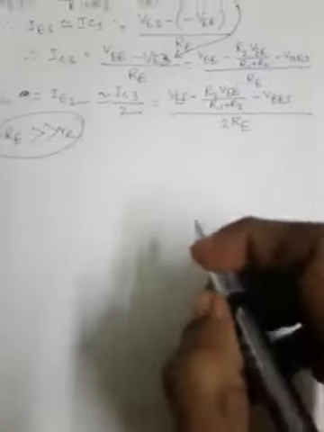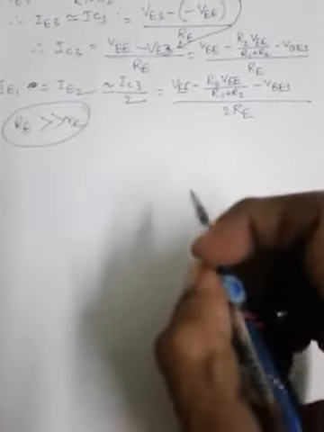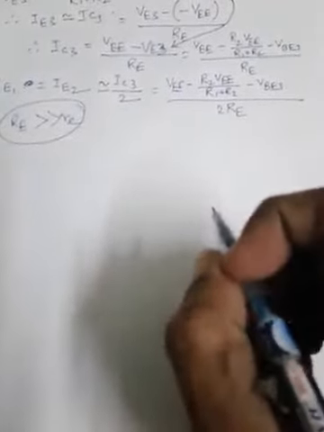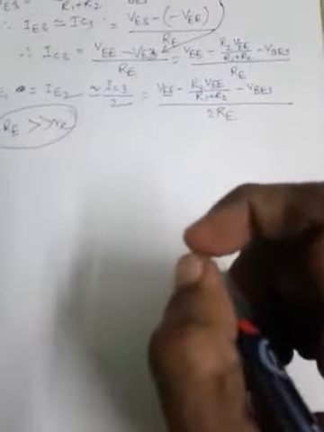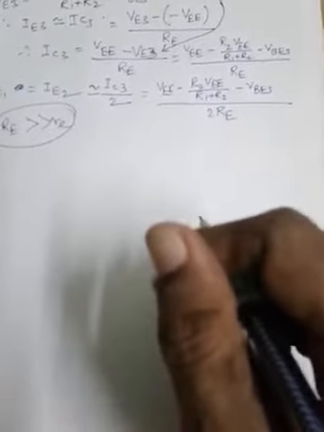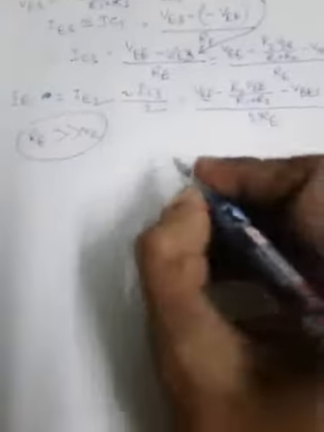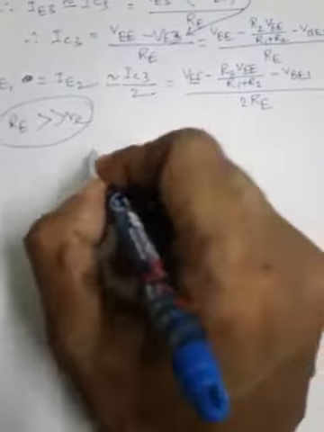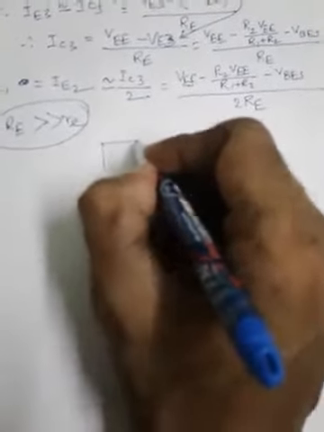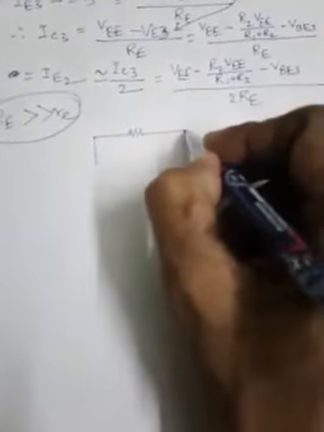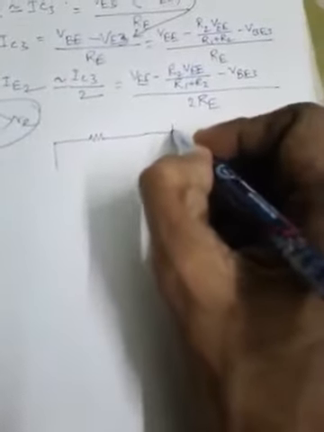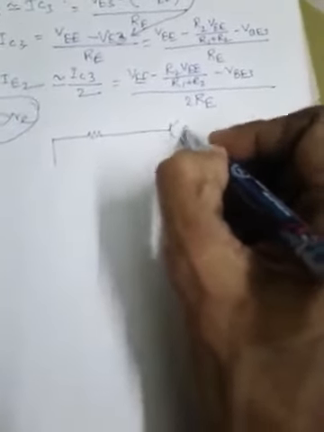Now if we want to improve the thermal stability further of this constant current transistor Q3, the resistance R1 is replaced by two diodes D1 and D2, as I am drawing the circuit diagram. This was Q3.